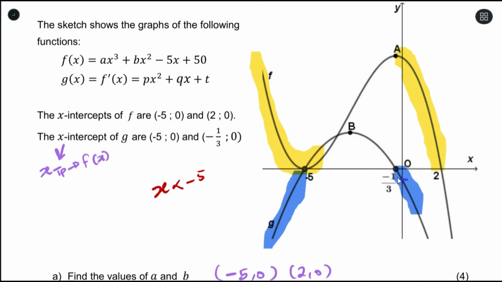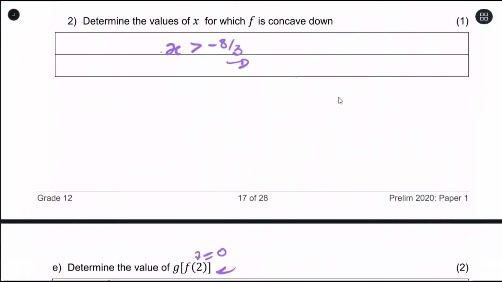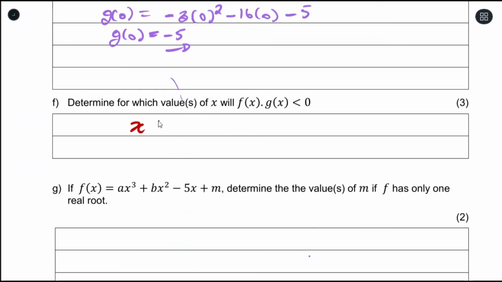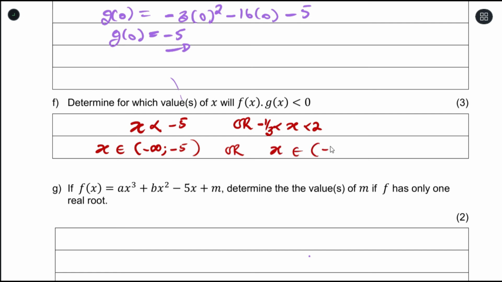So from negative 1 over 3 to 2, g would be negative and f would be positive. Okay, so those will be our answers. If I'm going to write them down here, I'm going to say my answers are x is less than negative 5, or x is between negative 1 over 3 and 2. Yeah, we could also write it this way, and that also works. That's it.